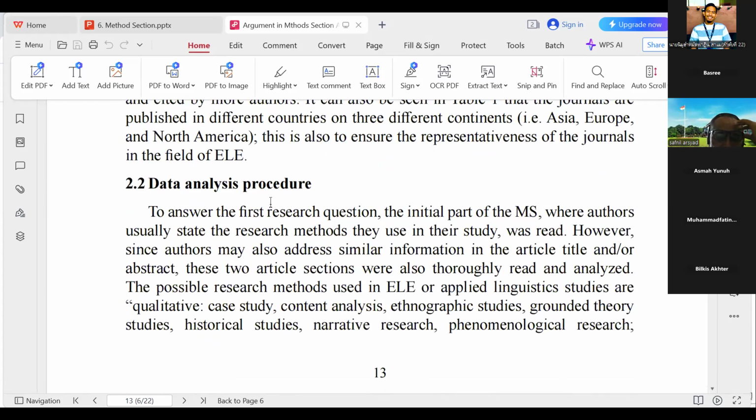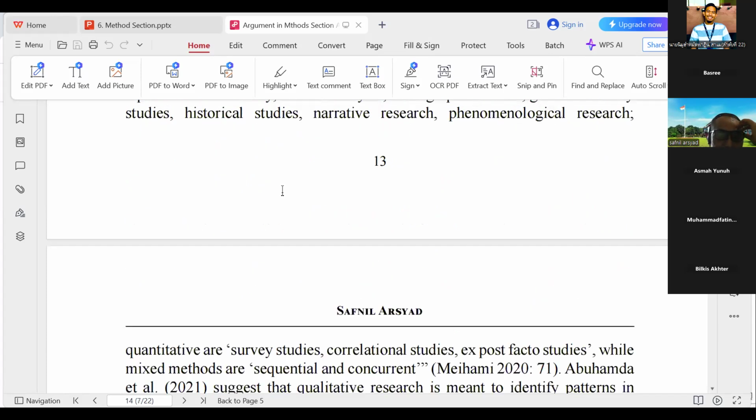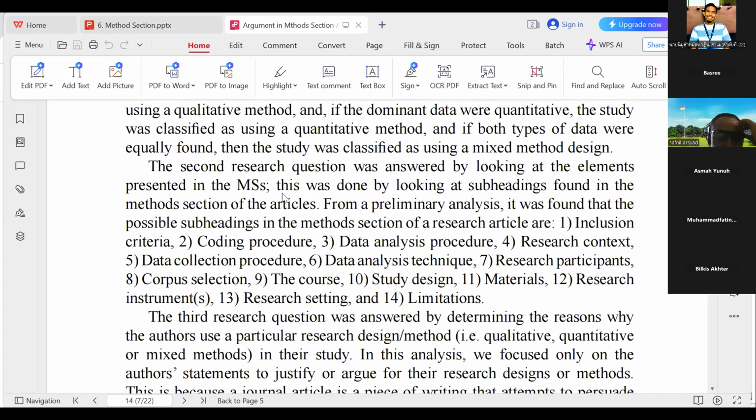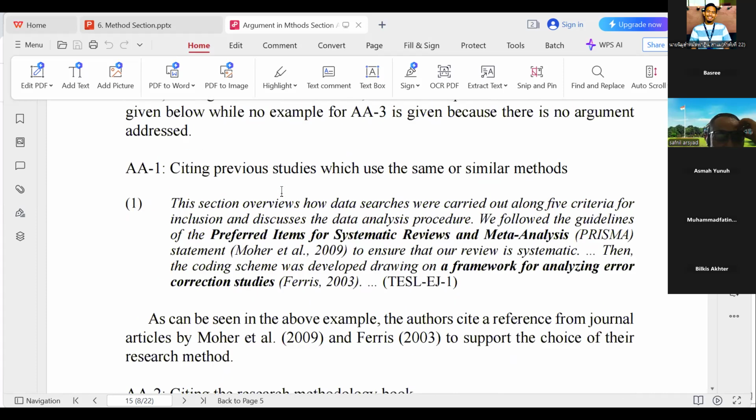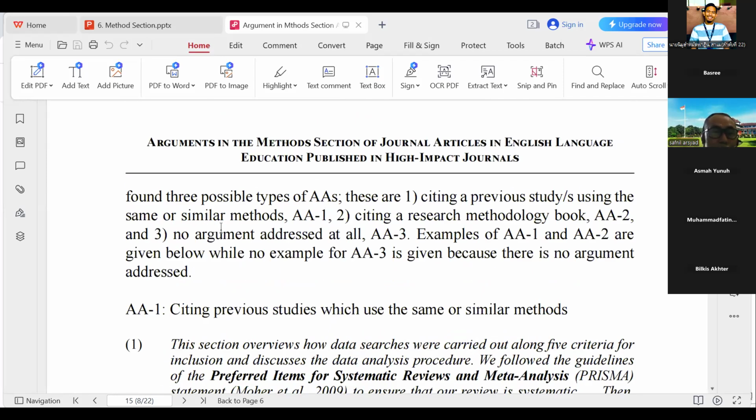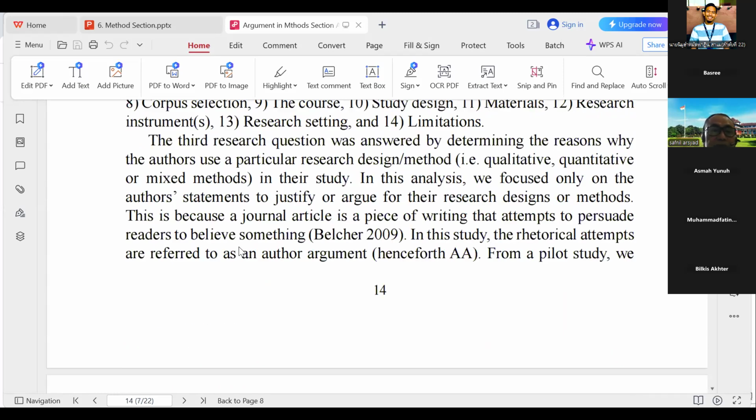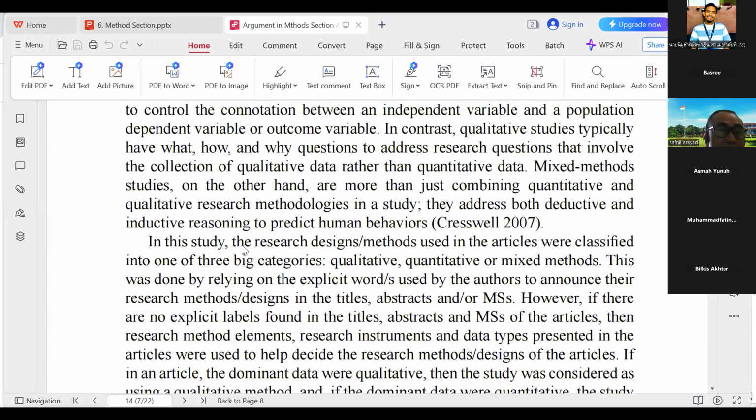And the second, data analysis procedure. So this is the second element presented in the method section. And the third one, I give the example of how to answer research question number 3.